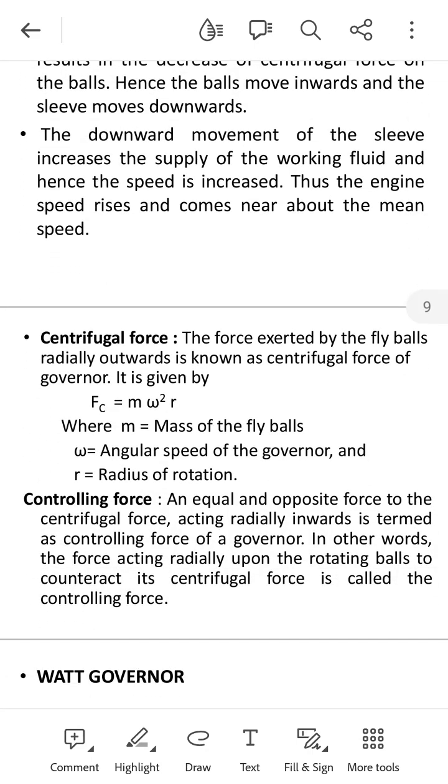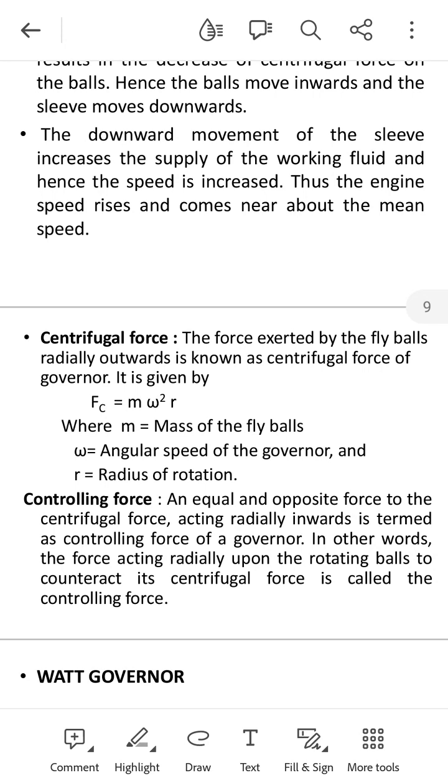Now the centrifugal force. The centrifugal force exerted by the fly balls radially outward is known as the centrifugal force of the governor. It is given by Fc = m ω² r, where m is the mass of the fly balls, ω is the angular speed of the governor, and r is the radius of rotation.